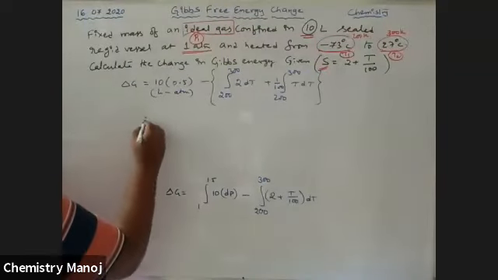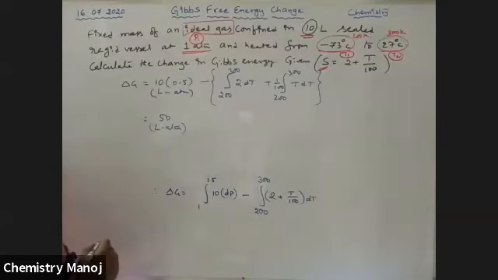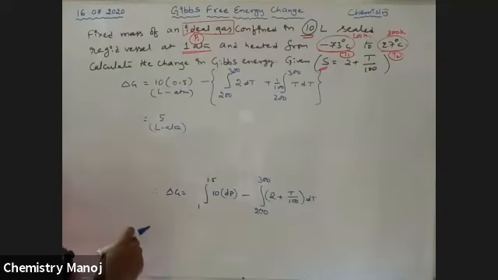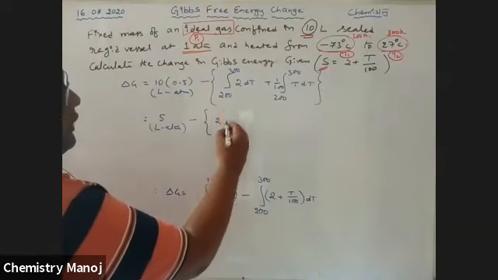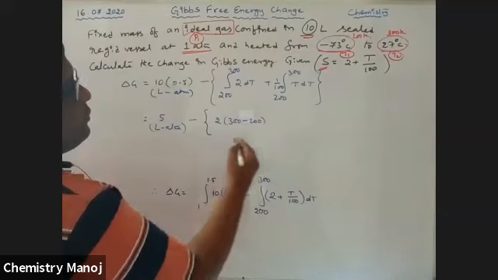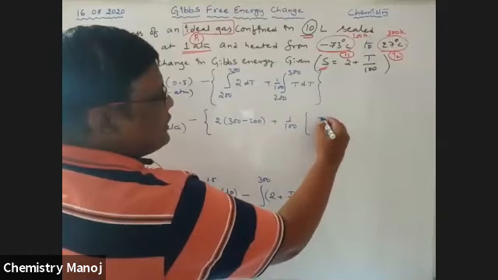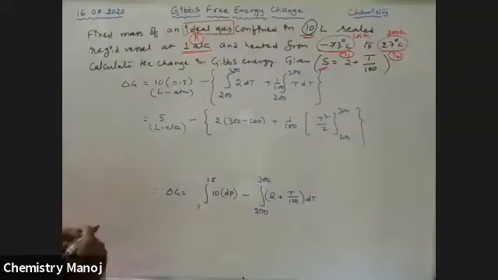That is 5 liter atmosphere, minus this value: 2 into T2 minus T1, 300 minus 200, plus 1 by 100 times the integral, which is T square by 2.